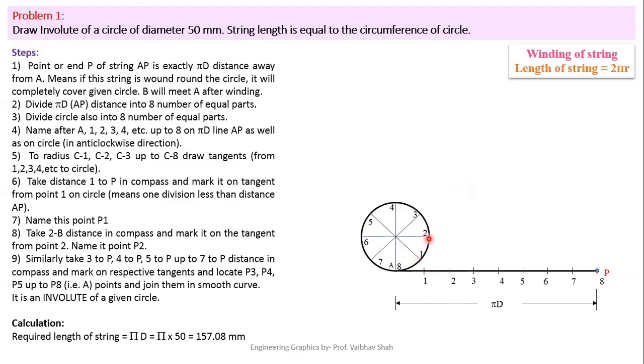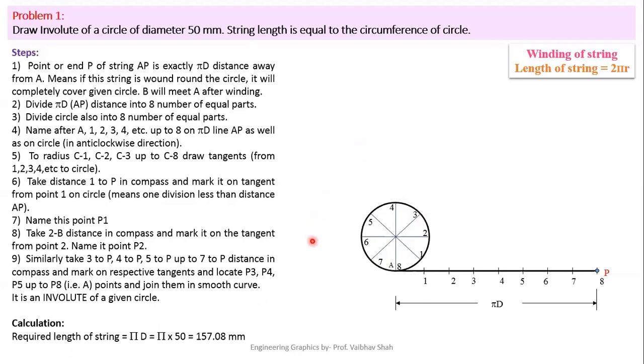Whenever your string is at point number 2, it will be tangent to point 2, or at 90 degrees to point 2. Likewise, whenever your string is at point number 3, the string will be tangent at point 3, or at 90 degrees to point 3.